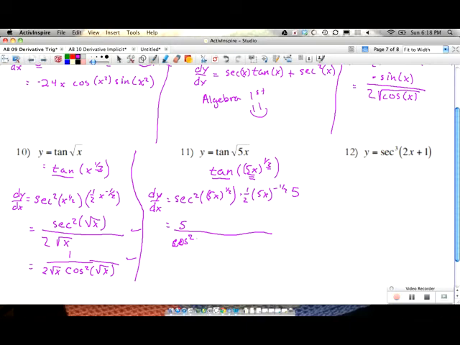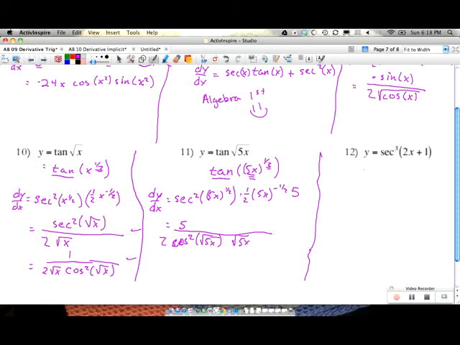Because it's secant squared in the numerator, therefore cosine squared in the denominator of the square root of 5x times, oh well, we got this 2 on the bottom. Let's put that up front. And then we got this 5x to the negative 1/2. So that's the square root of 5x again in the denominator. Okay, last one, and we'll go and pause the video again, move on to part 3 here.